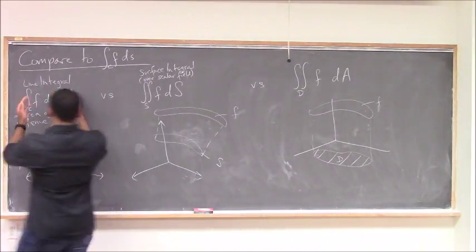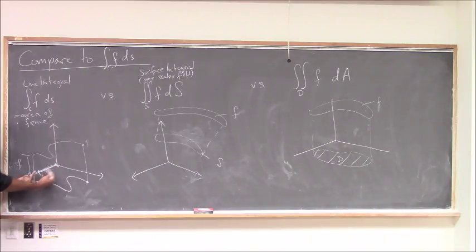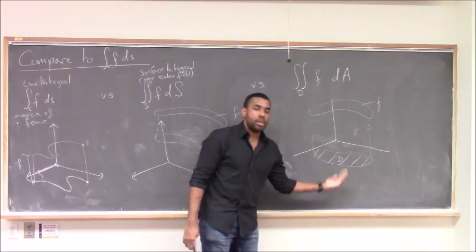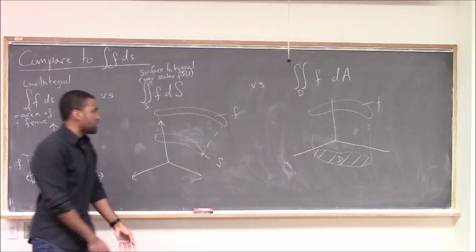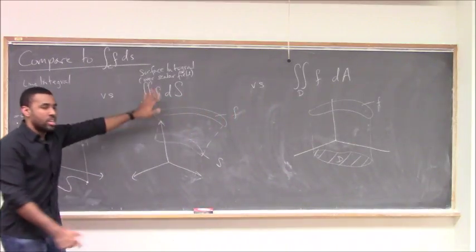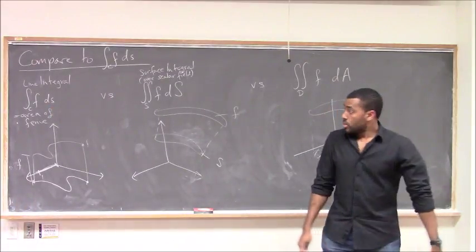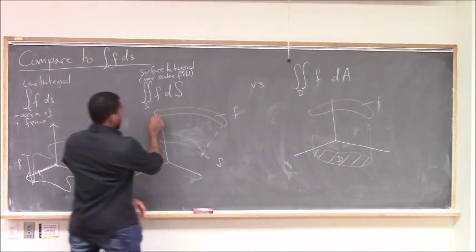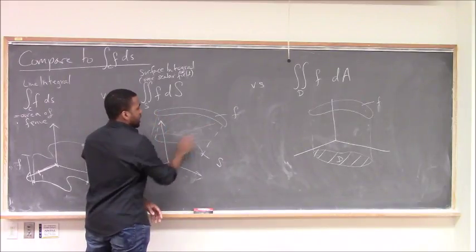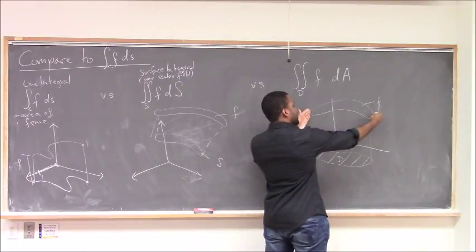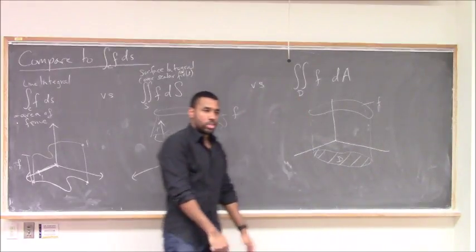So with the line integral, we wanted to escape being bounded to the axis. Similarly, with the surface integral, we want to escape being bounded to the xy plane. I want to be able to integrate on top of any random surface hovering anywhere. So this integral finds the volume of this object, whereas back in Calc 3, I could only find the volume of an object that's perpendicularly projected down to the plane.